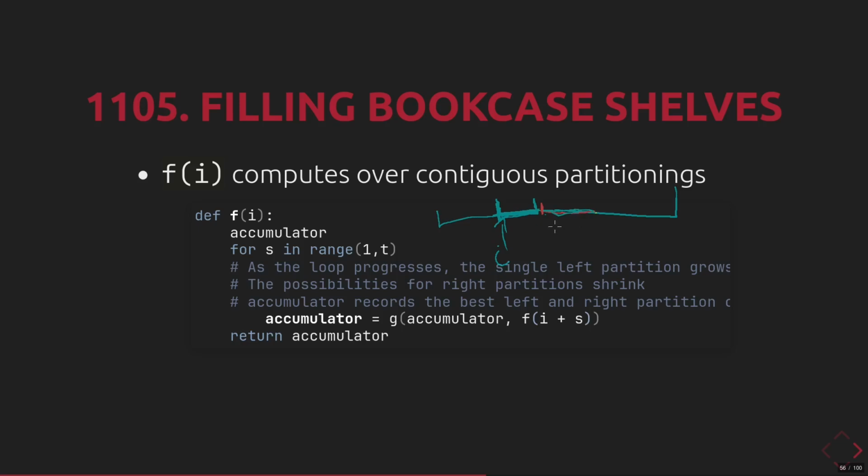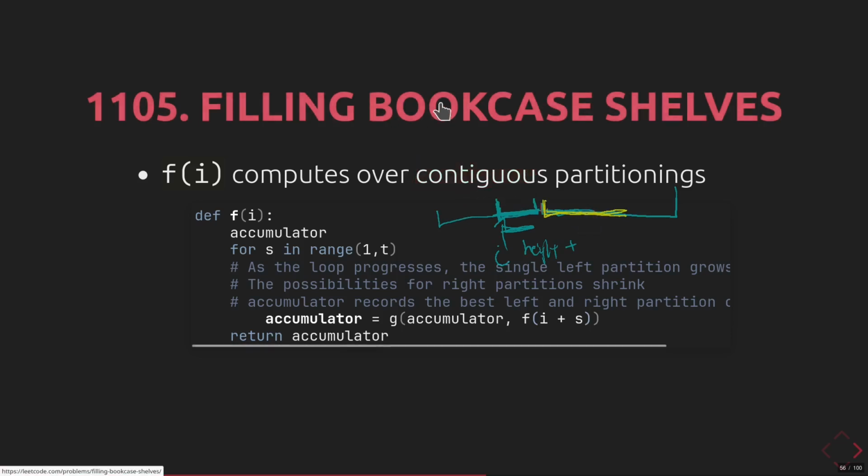Because if you had the minimum sized bookshelf starting from a suffix of the books, then you could use your current height here, and you just add whatever's returned from the subproblem. And that is why this pattern fits.